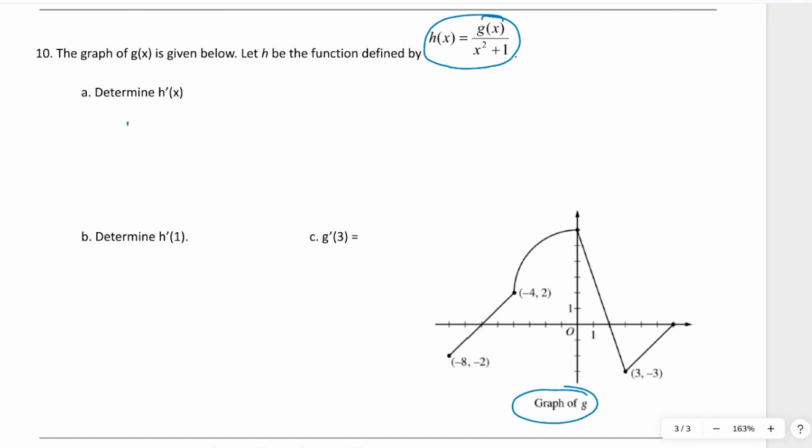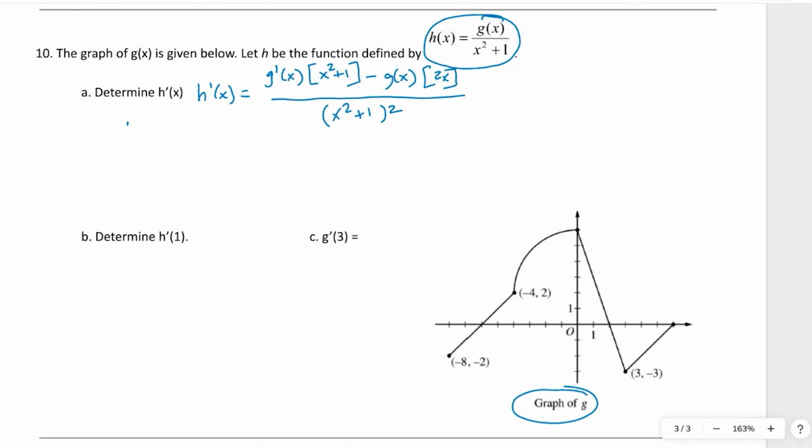So I'm going to say that h prime is equal to the derivative of the top, which would be g prime, times the bottom, so times x squared plus 1, minus the top function, g of x, times the derivative of the bottom, which is 2x, all over x squared plus 1 squared.